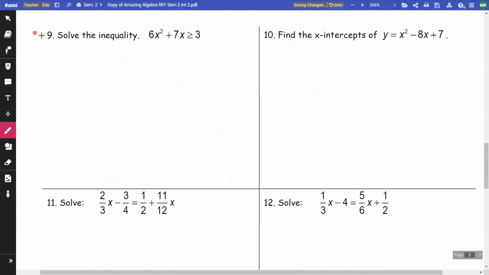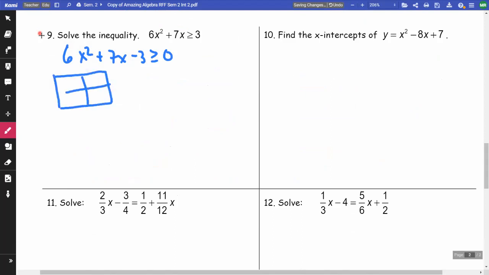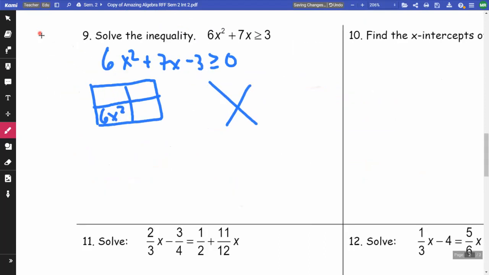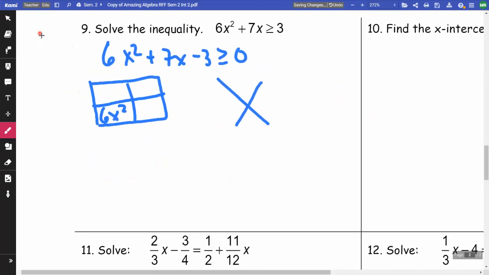On number 9, we're going to solve this. So first thing I'm going to do is rewrite it with 0 on the other side. And then I'm going to factor this. So I'm going to have a 6x squared, a negative 3, which is going to be a negative 18x squared. I need to get a 7x, so that's going to be a 9x and a negative 2x.